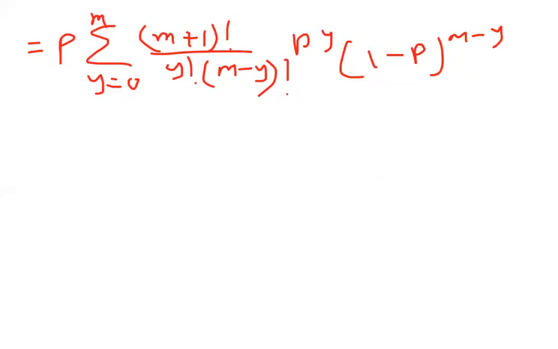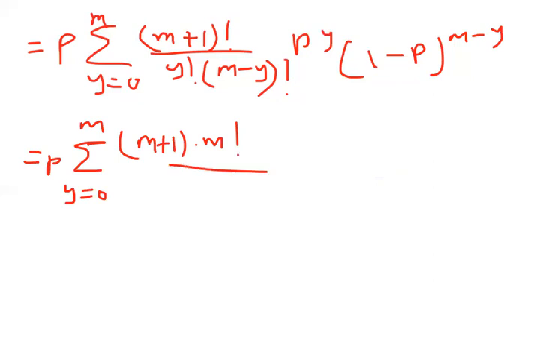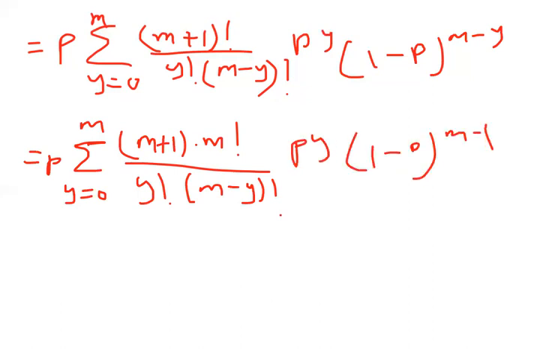Good. So look at something. From here, I have p, the summation of y equals 0 to m. But I know that m plus 1 factorial is the same as m plus 1 multiplied by m factorial, all over y factorial, m minus y factorial, p raised to the power y, 1 minus p to the power m minus y. Okay? Great. So I can take the m plus 1, which is a constant term, out.